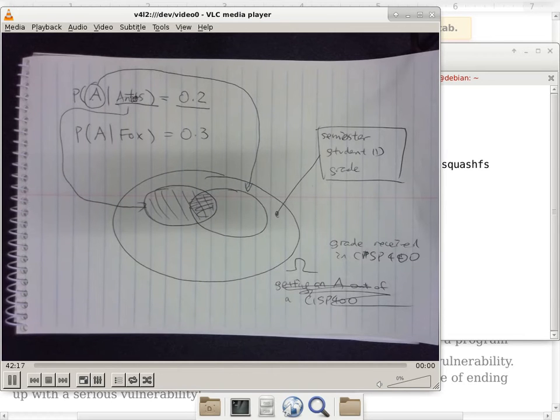So for people who want a higher probability of getting an A in the class, P(Antos | A) is not as useful as P(A | Antos). Okay. Any other questions?